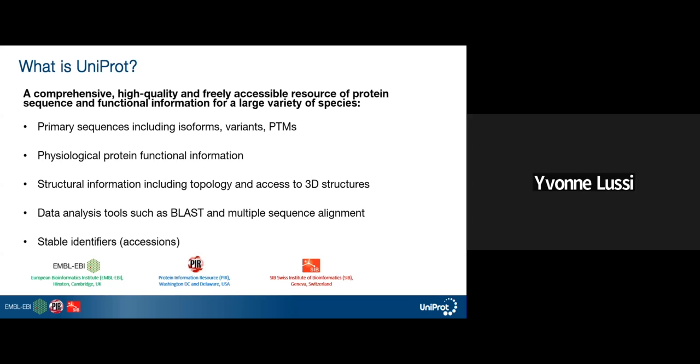We provide primary sequences, including isoforms, variants, and post-translational modifications, physiological protein functional information, structural information, including topology and access to 3D structures. Besides the data, we also provide data analysis tools such as BLAST and multiple sequence alignment tools. And importantly, we provide stable identifiers, the UniProt accessions, for each specific protein sequence.